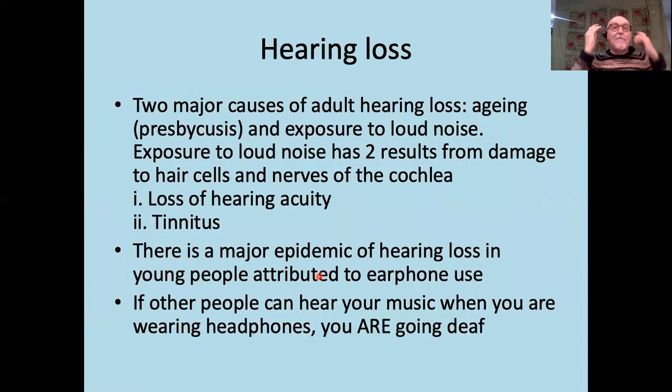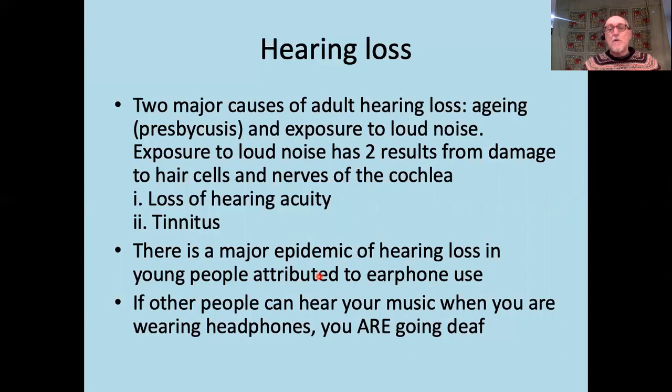Okay, so unfortunately, some degree of hearing loss is usually the price of age. And there are two kinds of hearing loss. The first is simple aging. The hair cells wear off. The nerves, the hair cells themselves become less and less acute.